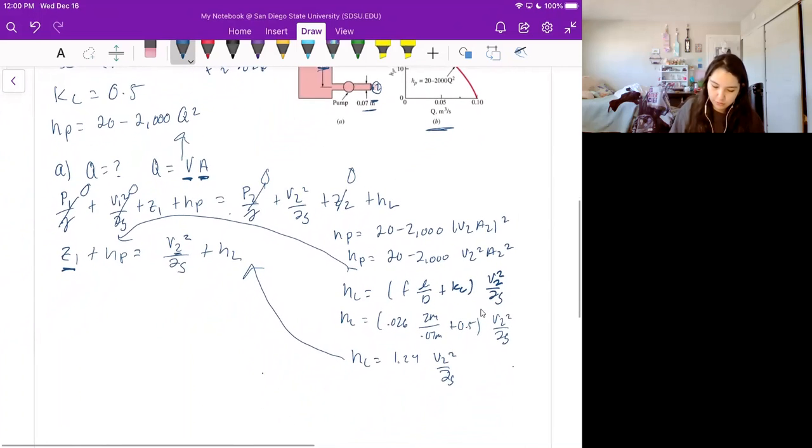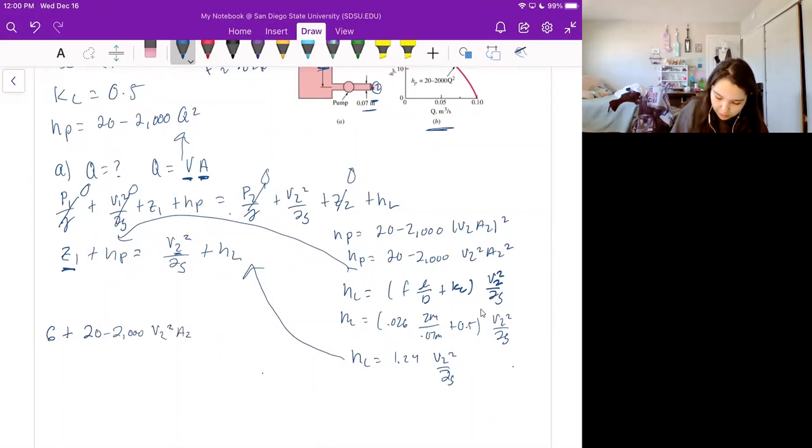So using all this information, we will rewrite the equation as 6 plus 20 minus 2000 Q squared, where Q is V2 A2, is equal to V2 squared over 2g plus 1.24 V2 squared over 2g.